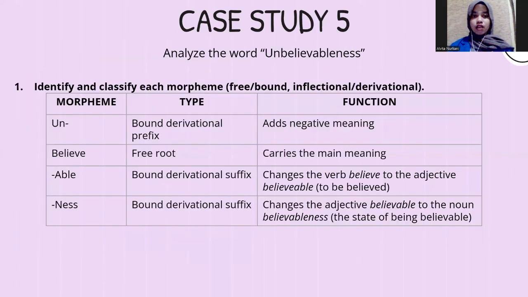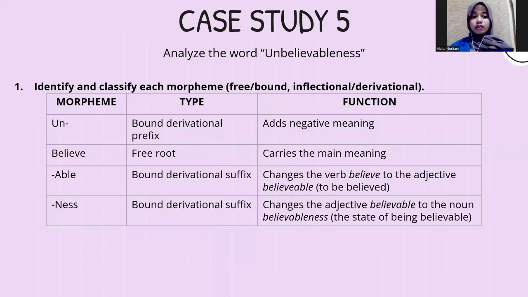In case study 5, analyze the word unbelievableness. Number 1 is to identify and classify each morpheme, whether they are free or bound, or inflectional or derivational. So the morpheme un is bound and derivational, and it is a prefix. The function is to add negative meaning. And then the morpheme belief is the free root because it carries the main meaning.